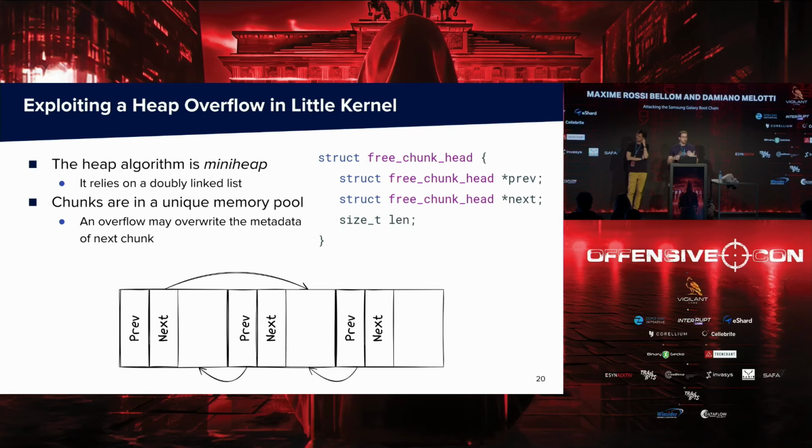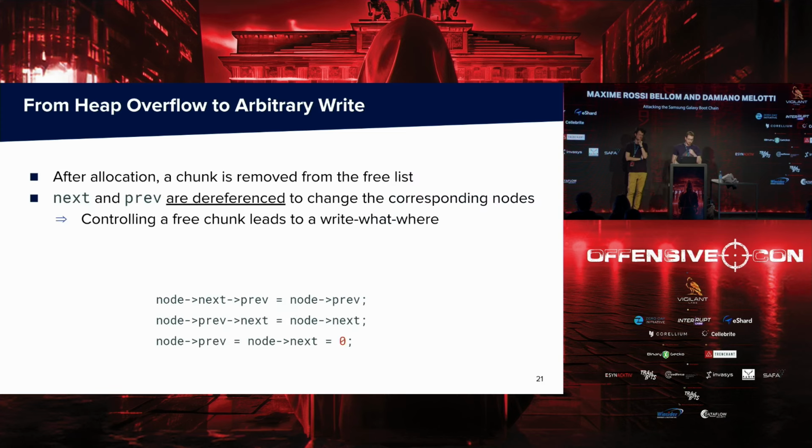And there are various ways to exploit this type of bug. We could, for example, overwrite interesting data, such as function pointers coming after the chunk containing the JPEGs. But in our case, there is nothing really interesting. So we found a way to turn an overflow into an arbitrary write. And this is because when an allocation happens, a chunk is removed from the free list.